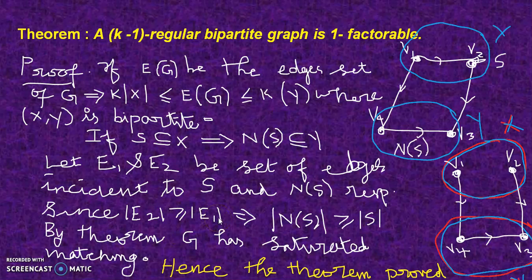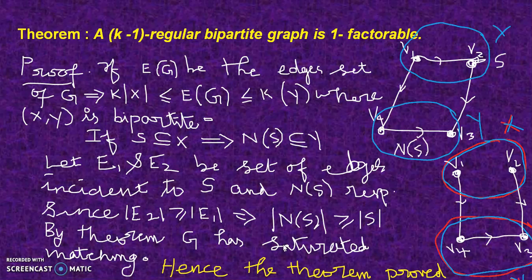Definitely, there is no doubt at all. Am I correct? Because we have chosen E1 and E2 such that N of S is contained in Y. Therefore, we have the absolute value of E2 is greater than or equal to the absolute value of E1, which implies the absolute value of N of S is greater than or equal to the absolute value of S. Okay, because we have assumed so.